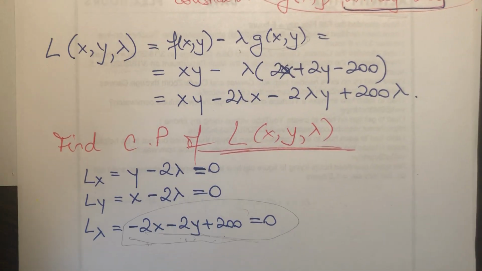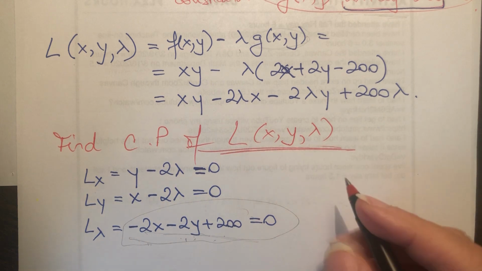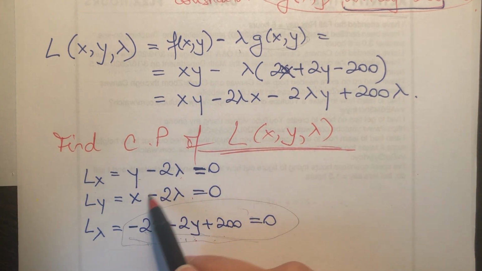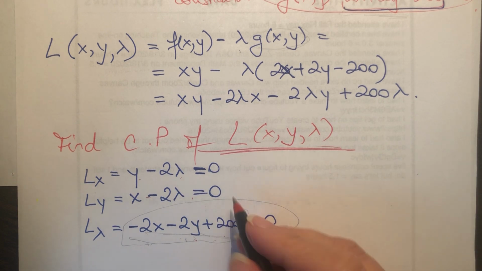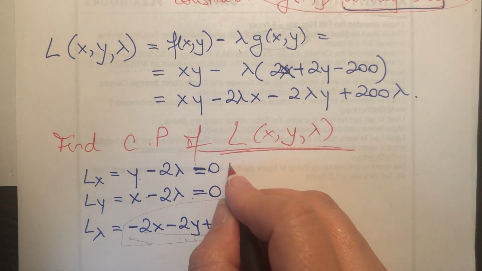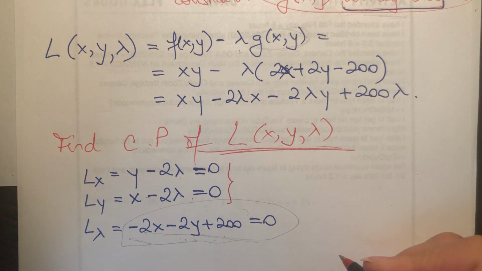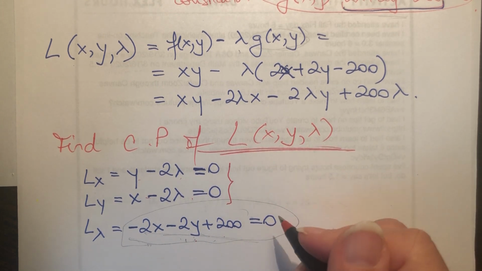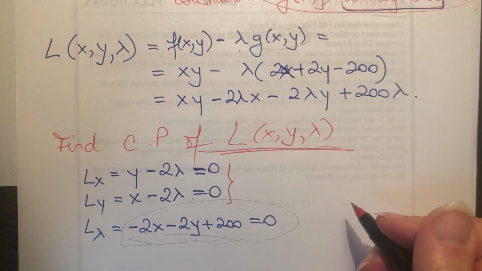Okay, so the trick is, there are a few ways of solving systems of 3 equations with 3 variables. It turns out for these specific problems, the best thing is to pick the first 2 equations, solve both of them for lambda.